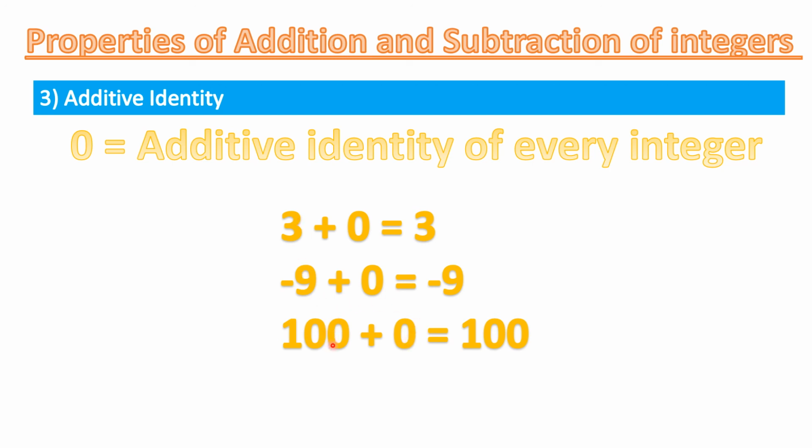From these three examples, I can conclude that 0 is the additive identity of every integer, not just 3, minus 9 and 100, but every integer. Whatever integer you take and add it with 0, you're going to get the same integer itself. So we say that 0 is the additive identity of every integer.